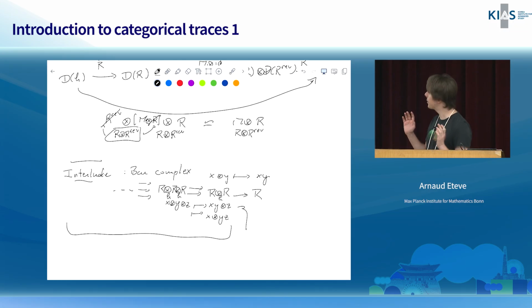The only thing I'm saying is that you have a simplicial object like this, and when you pass to complexes, it gives you a resolution of R as R bimodules, or as R tensor R rev modules.